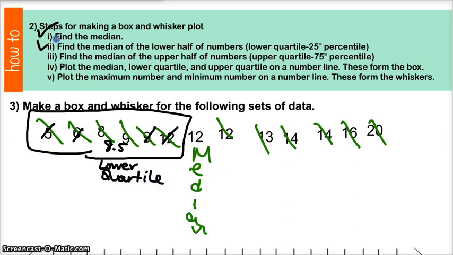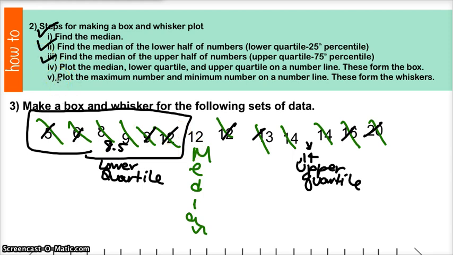Now we need to find the median of the upper half of the numbers. So these are upper numbers. And it's going to be between 14 and 14, which is going to be 14. So that is our upper quartile. So 14, we have 8.5, and then the middle is 12.